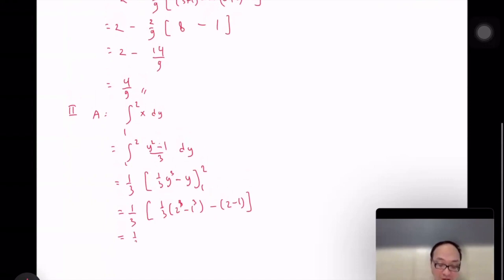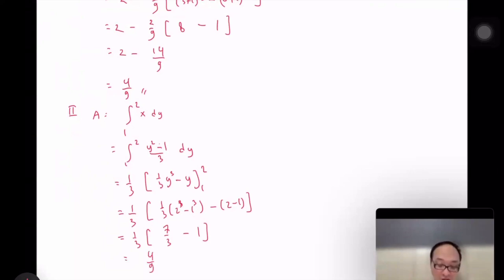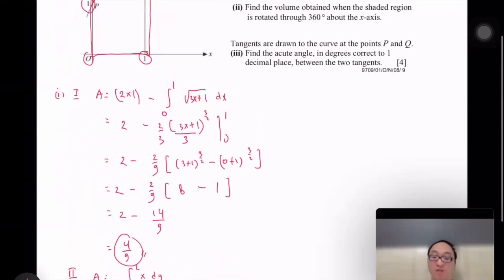So it's 1/3 times (7/3 minus 1). So it's 1/3 times 4/3, so 4/9. The same result. You can choose one of them.